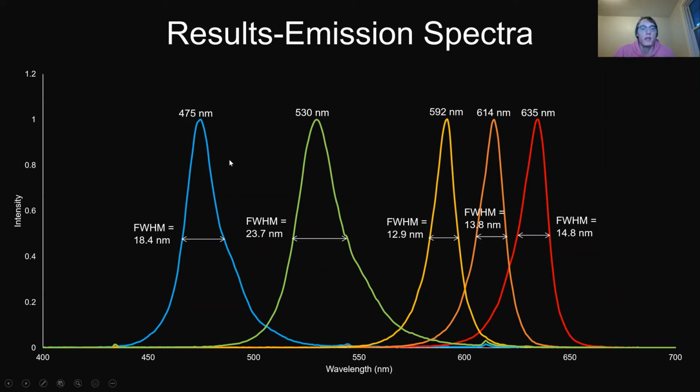This lambda max is about what you'd expect, with blue being at shorter, higher energy wavelengths, and red being at longer, lower energy wavelengths. We also notice that the yellow, orange, and red spectra are sort of clumped together on the right, whereas the blue and green are more separate on the left. This full width half max is a measurement of how wide each spectra is, and we'll discuss this further in the conclusion section.